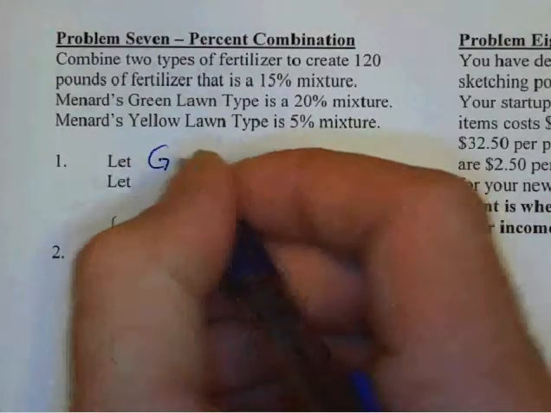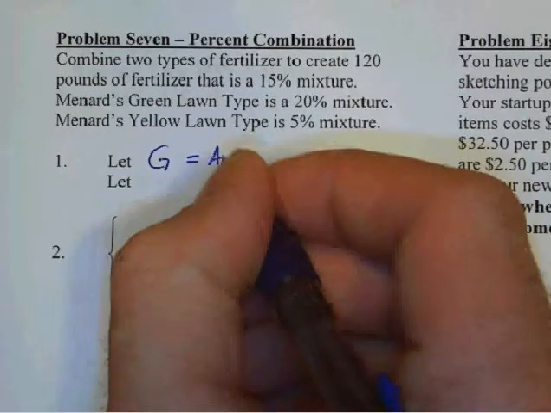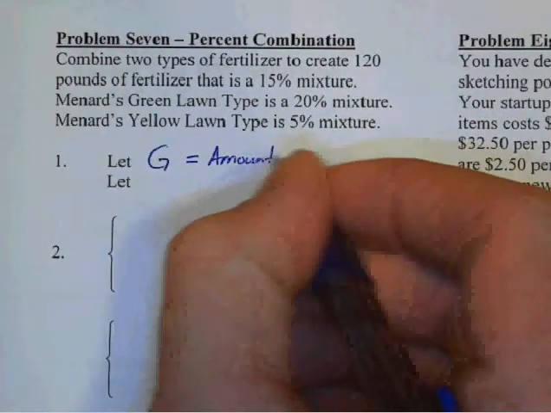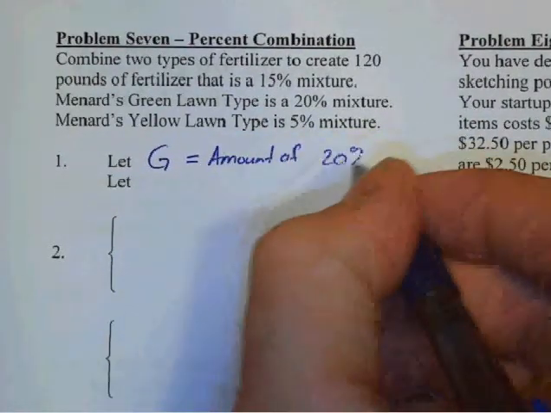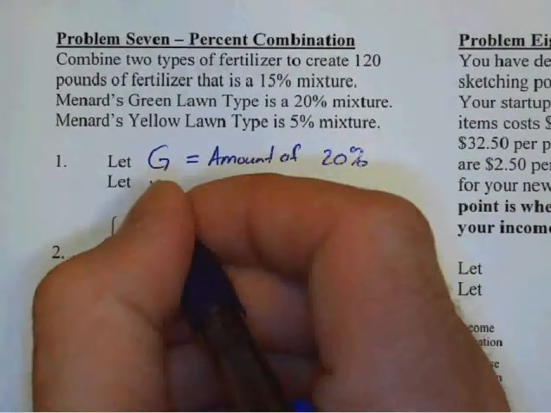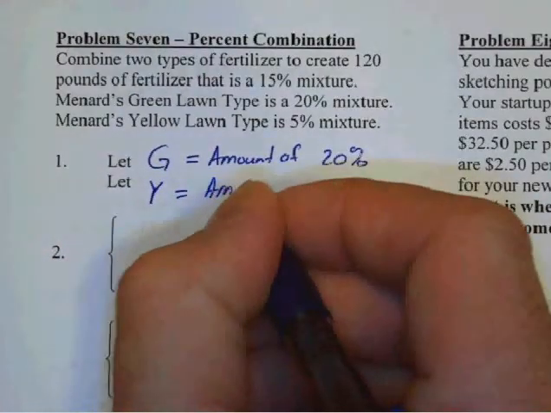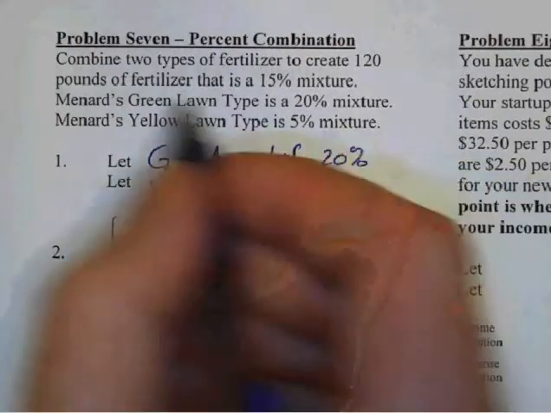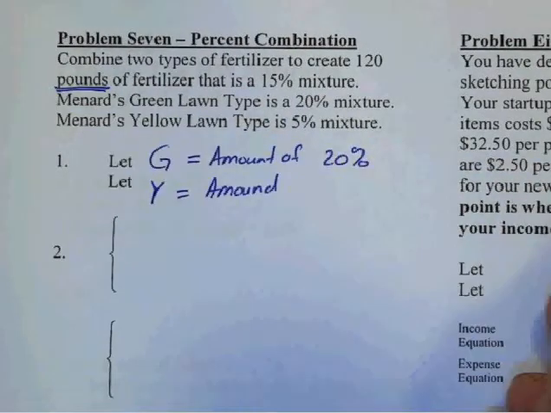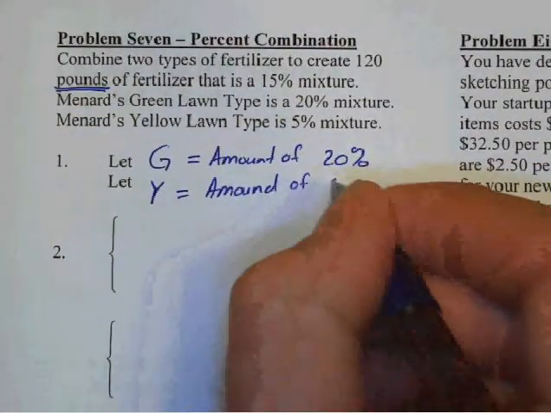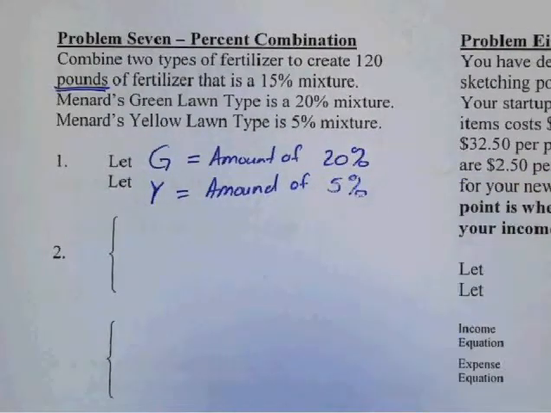So I'm going to let G equal the amount of 20% mixture, and I'm going to let Y equal the amount, in pounds, of 5% mixture. Now if we remember back from the other equation, we have two types of equation.